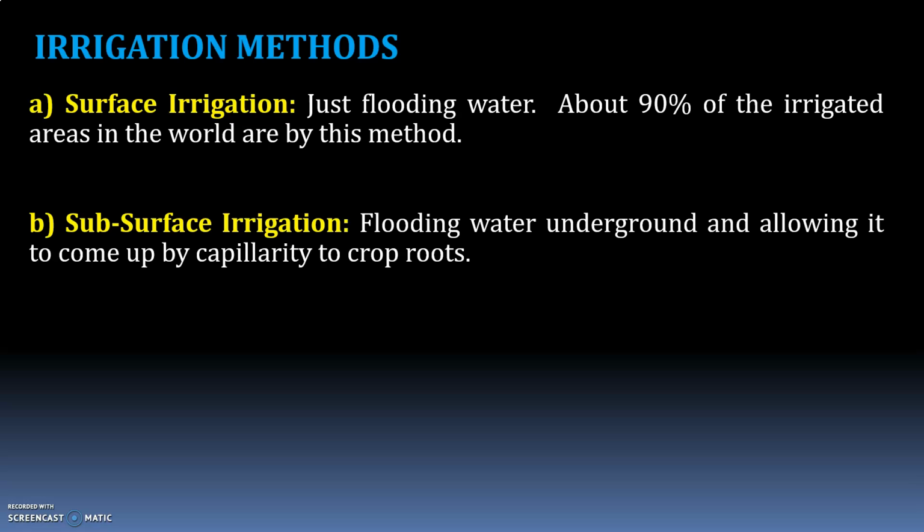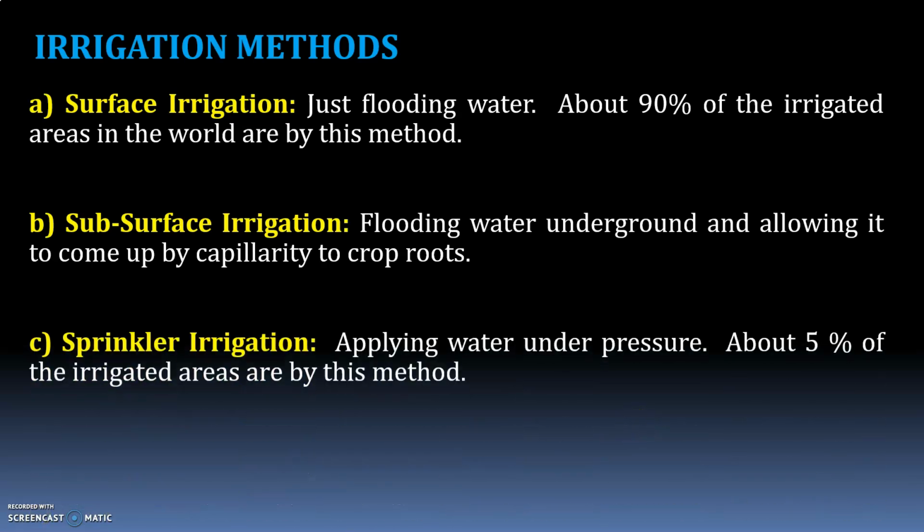In subsurface irrigation, the water is flooded underground and allowed to come up by capillary action to the crop roots. As the name itself indicates, it is an underground irrigation system. Here, mainly by capillary force, the water is supplied to the crop roots.